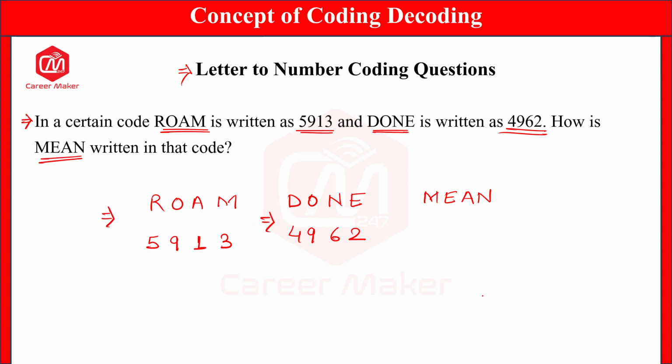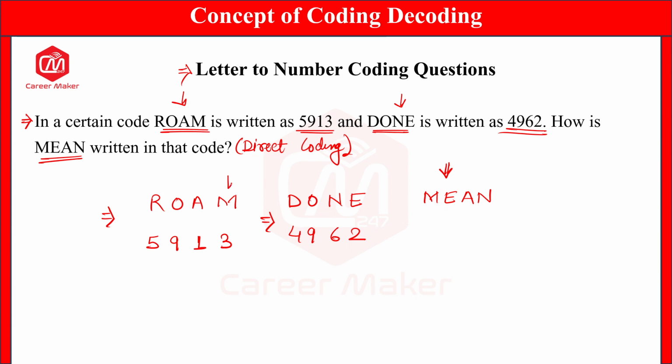How? Multiple choices. First you need to check if more than 1 word is given, like we have more than 1 word. So the very first thing you have to check is whether direct coding is given or not. How to identify it? It's very simple. If the letters of Mean are coming from Rome and Dun, then this is called a direct coding question, and they ask this type of question frequently because we as students get stuck finding the logic rather than identifying whether it is actually coming from these two or not.